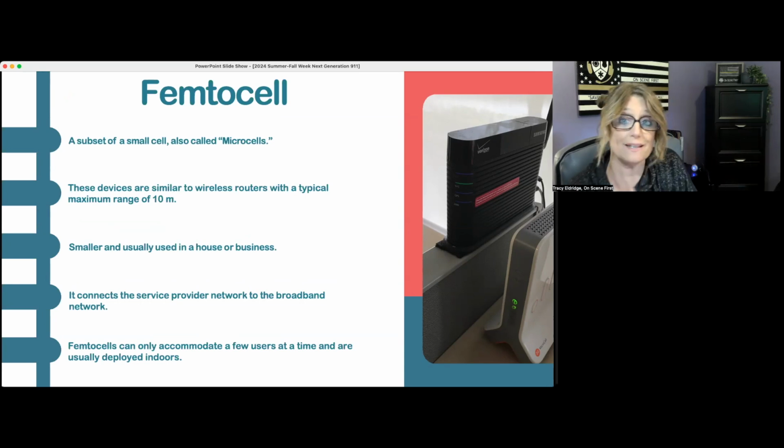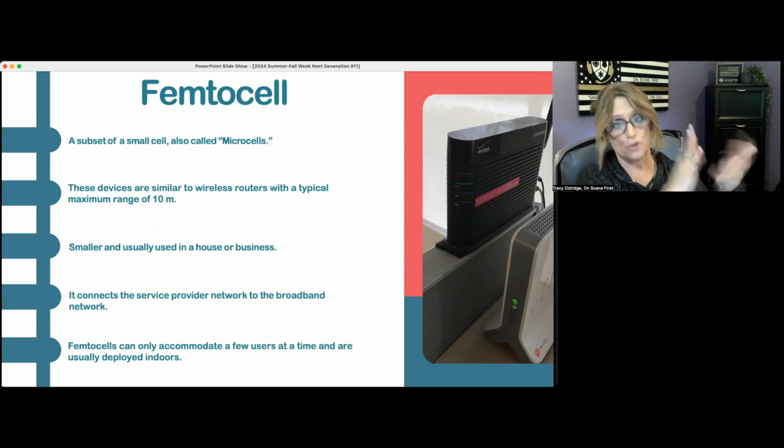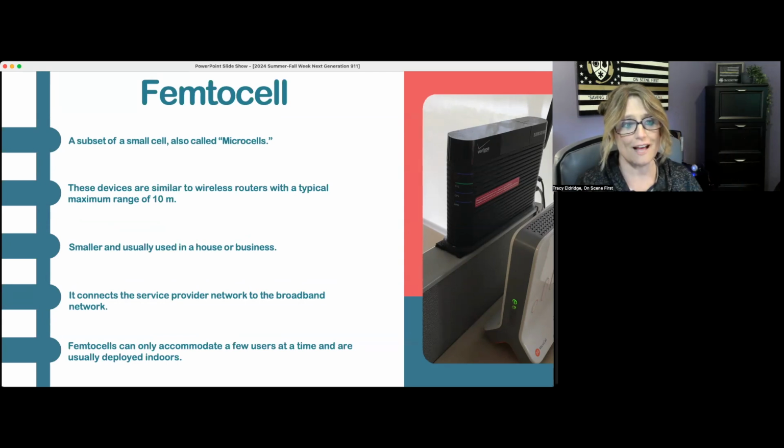So what it really does is, if I have an AT&T phone network, and the AT&T network in my house is shoddy at best, then I can put in a femtocell, which will then take that AT&T signal, turn it into a Wi-Fi signal, and send it out over the interwebs. And then it becomes kind of a VoIP call, or a mobile VoIP call, if you will.